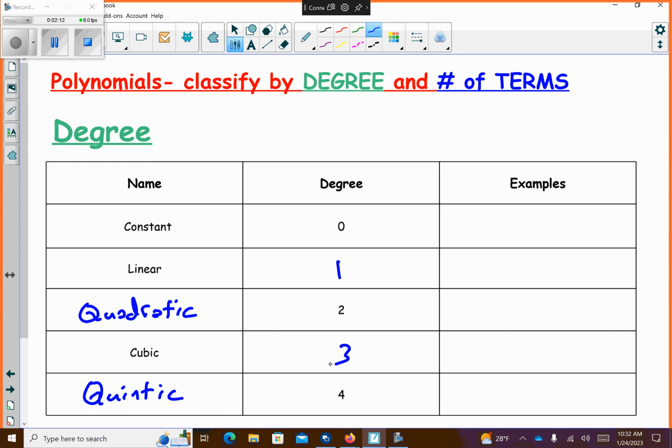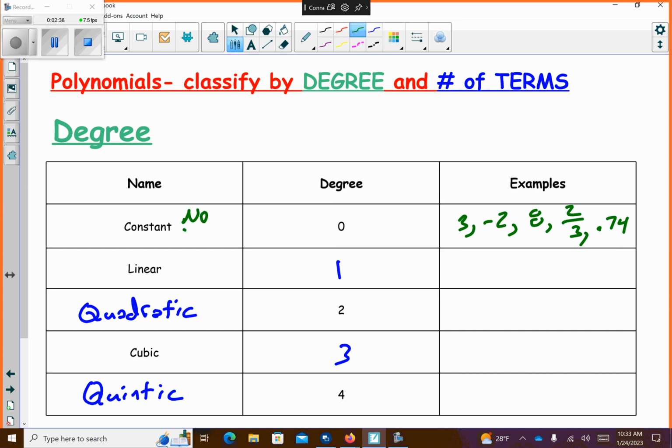Okay, a constant. A constant is a number of some sort. The number could be a fraction, could be a decimal, could be positive, could be negative. A constant does not have a letter attached.